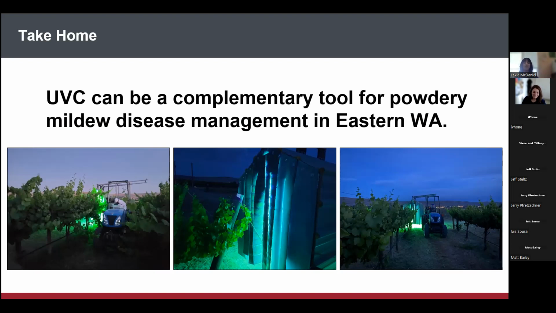Just as opening the canopy improves spray coverage, opening up the canopy improves light coverage. And so future research will continue at WSU under Dr. Michelle Moyer, whose lab I'm in, I didn't say that before, focusing on incorporating canopy management with UVC light.